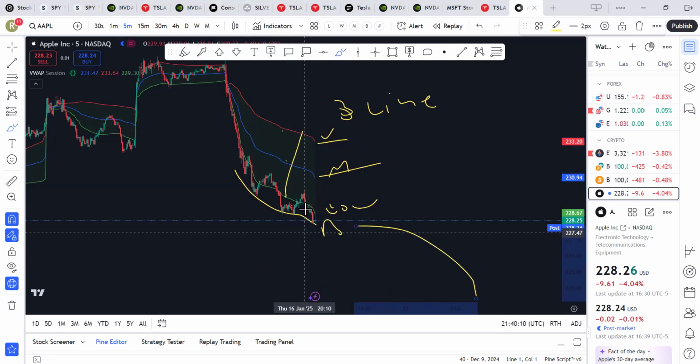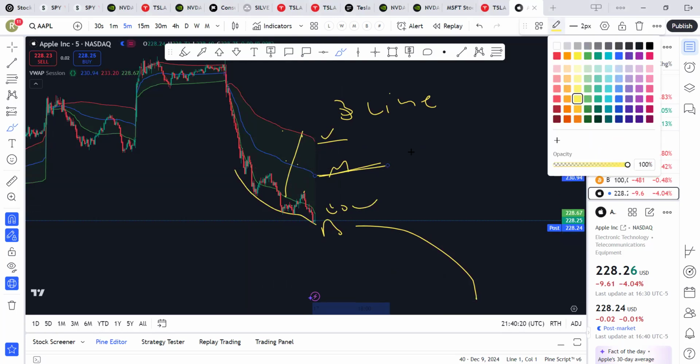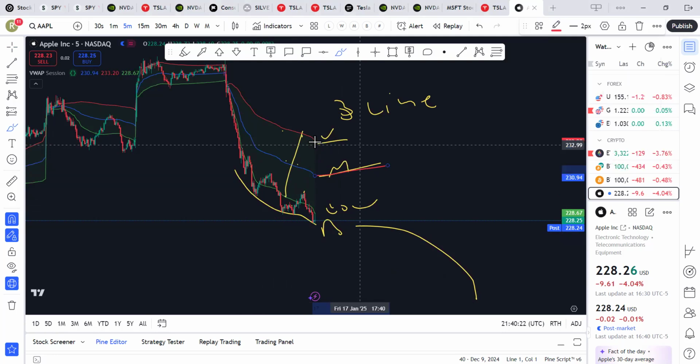That's why the candlestick is below the VWAP. This one is the main line, and this one is the upper band.